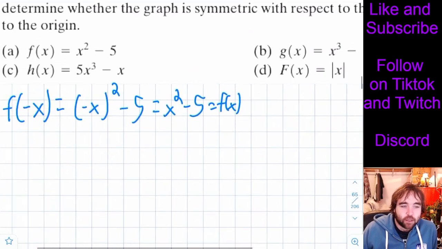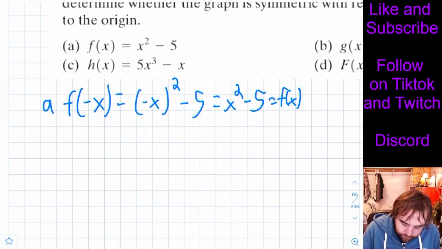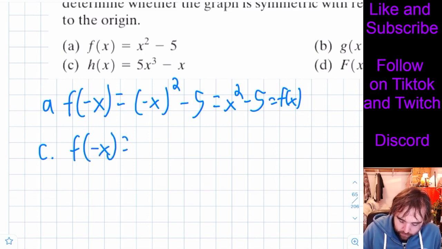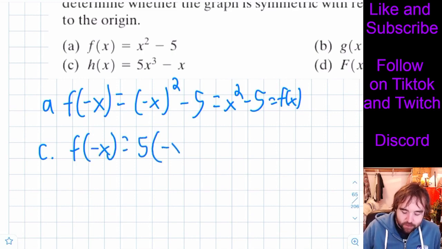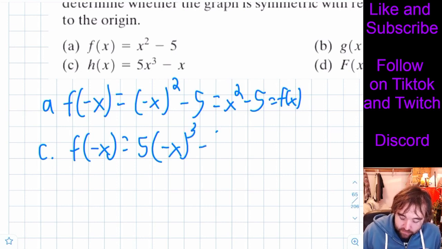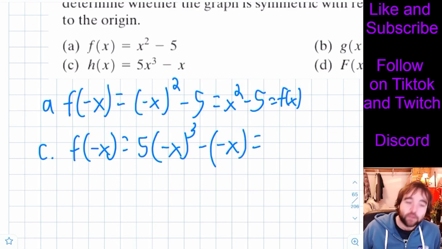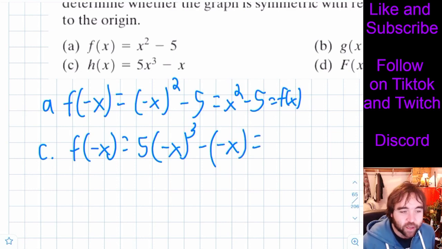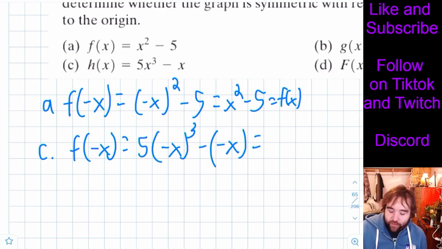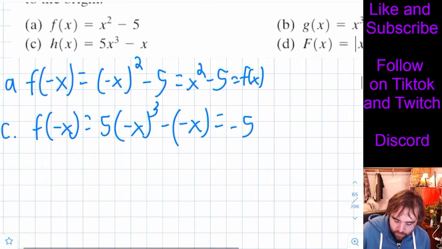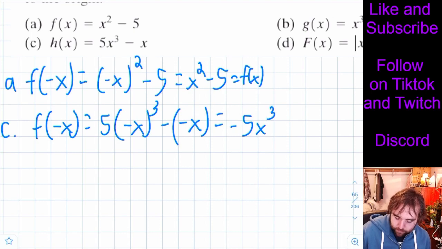And let's see. Let's do c next. So we see with c, if we do f of negative x, we're going to have 5 times negative x cubed minus negative x. So we do our simplification here, but here it's a negative to an odd power, so that's going to stay negative. So we're going to have negative 5x cubed, and then negative negative becomes a positive x.